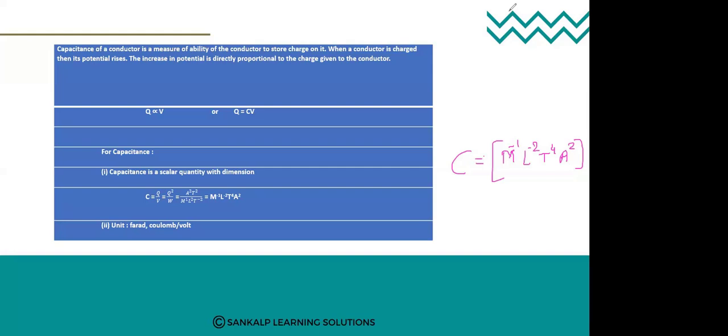Done, students. In the next class, we will see the derivations of the capacitors. In the capacitor, we have series and parallel combination and energy stored. Then there are four more derivations and the Van de Graaff generator. So this much we need to cover in the next class.